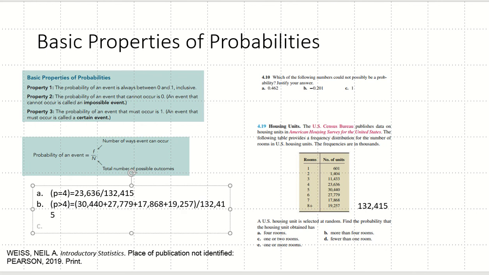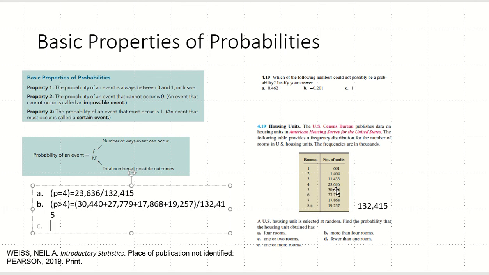So let me explain exactly why this answer is correct. You're looking for the probability that a housing unit will have more than 4 rooms. And so the way we think about this is that the units that have more than four rooms are units that have 5, 6, 7, and 8 plus.